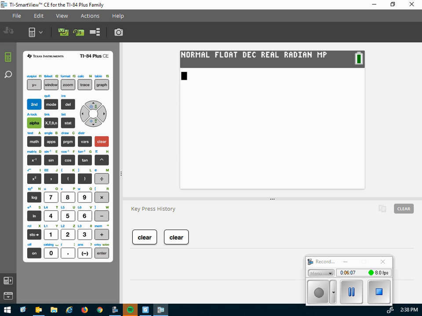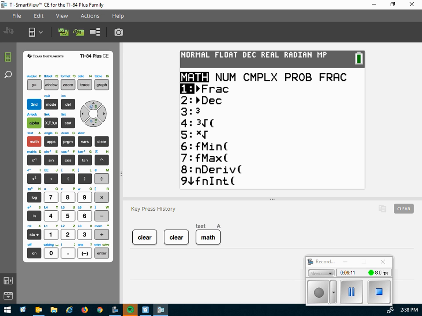Now, where you're looking, math, go right there. Yours does not have all of the things that mine does. Yours does not have this frac on the end, the fraction. Yours has math, num, complex, and probability. Is that right? That's what yours has.